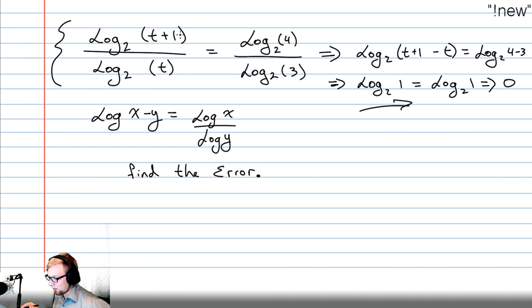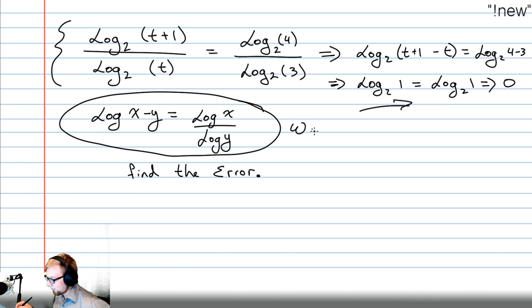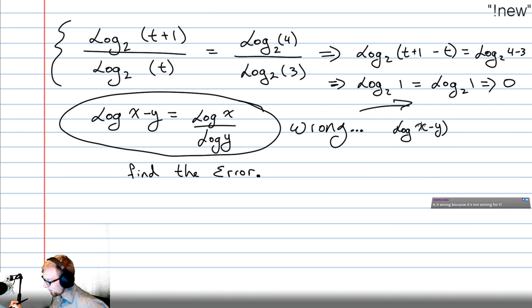We've got log base 2 of t plus 1 over log base 2 of t equals log base 2 of 4 over log base 2 of 3. Not quite.